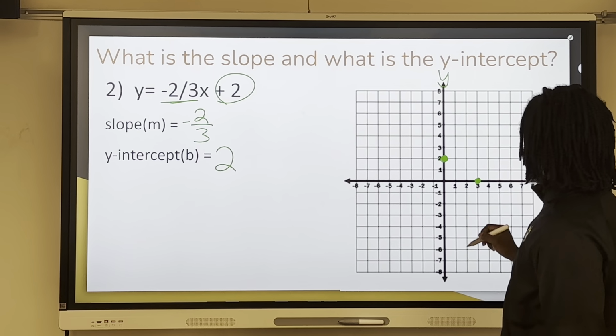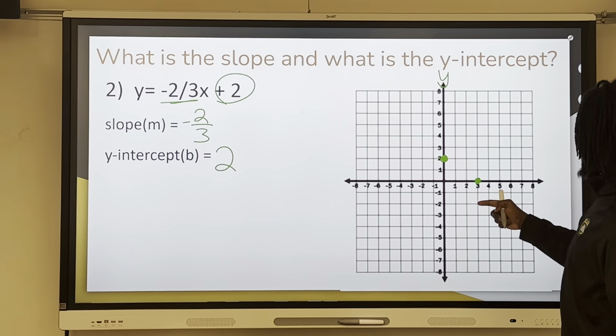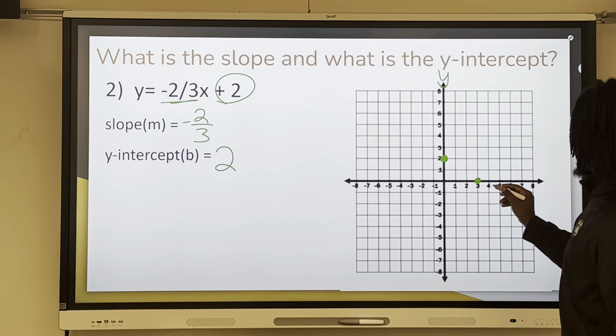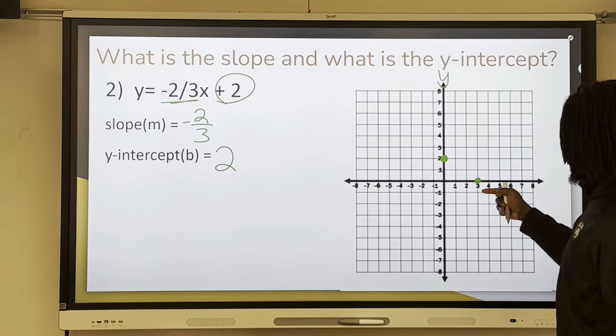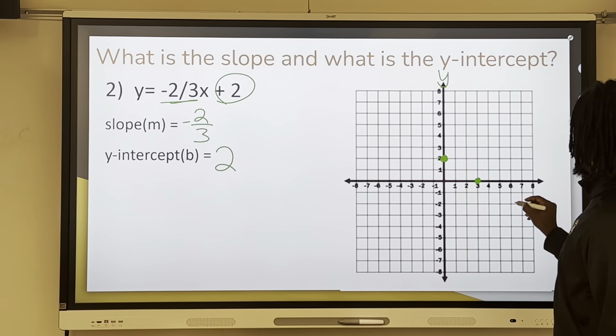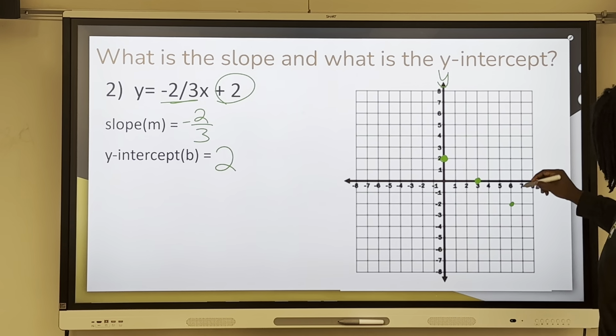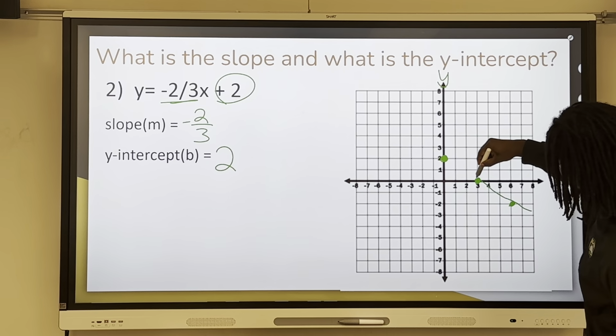That's a point. Go down 2, over 3. I'm counting down 1, 2, then over 3, 1, 2, 3. Okay, and so these are my points. So I can just connect these.